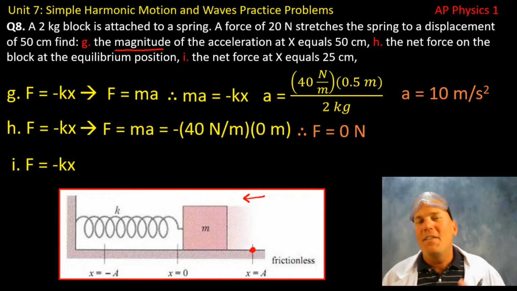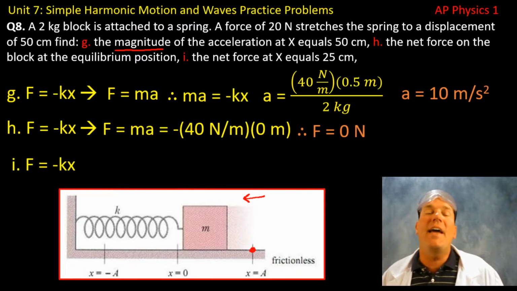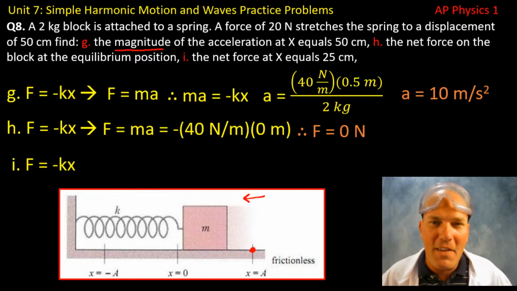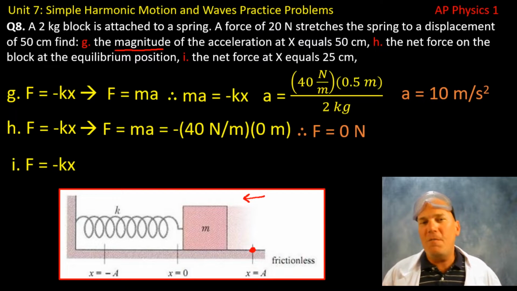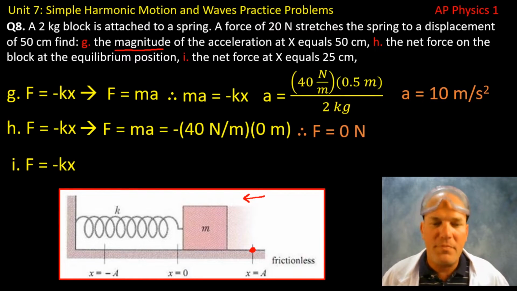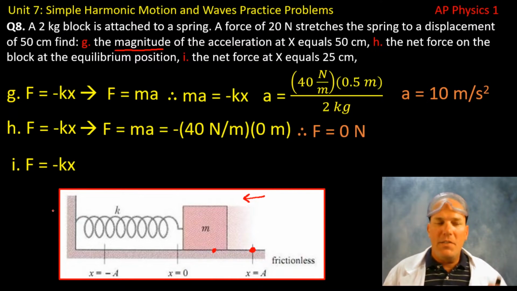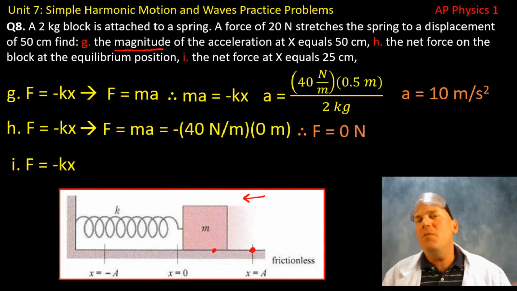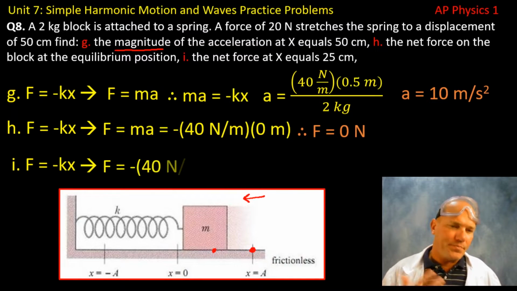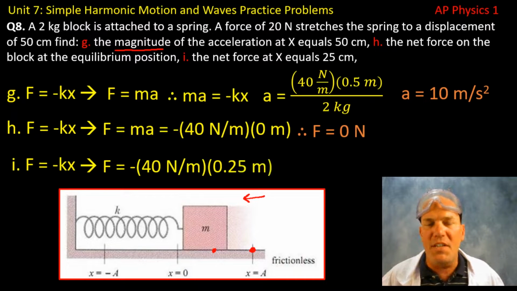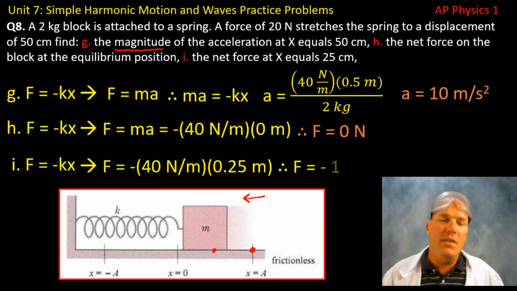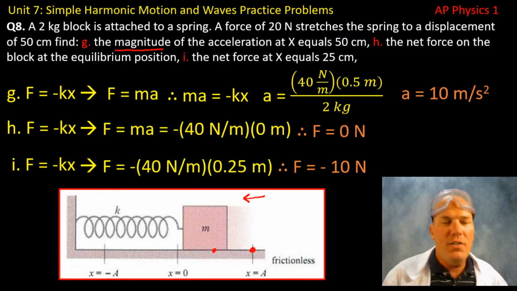Part I, let's find the net force at x equals 25 centimeters, or 0.25 meters, which is right in the halfway mark. So force is equal to the spring force constant multiplied by the position. Let's solve this equation to find the force is equal to negative 10 newtons.